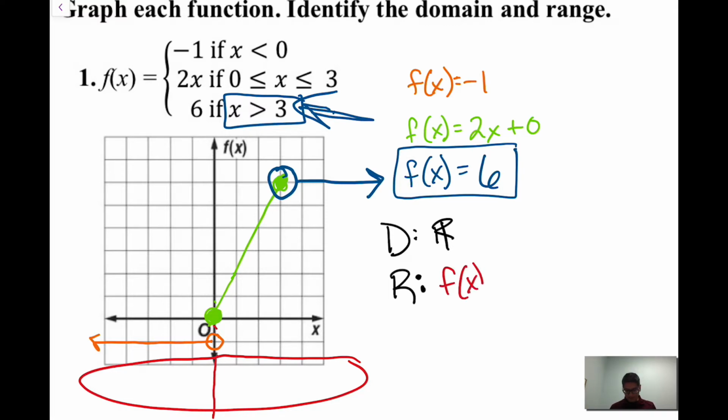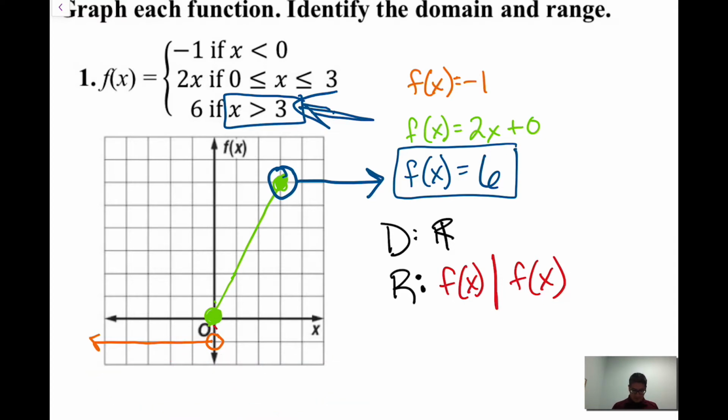So I would write it as f of x such that, okay, my graph becomes true when f of x equals, and what's this term right here? That is negative 1. Because I can see here that at negative 1, I have a y in my function. And then after that, there's a little gap here where there's nothing.